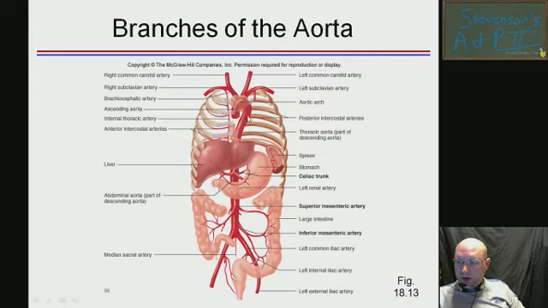Let's see where the aorta goes. We got the thoracic aorta, and then we go down into the abdominal aorta. It supplies blood to the liver, stomach, spleen, intestines, everything. It's got to have blood in order to keep going on. So make sure you know some of these.